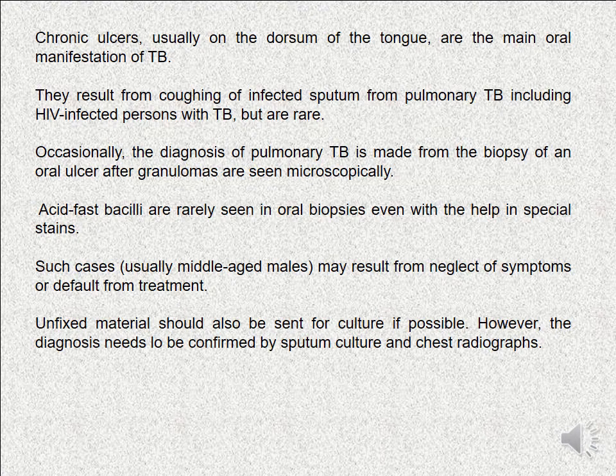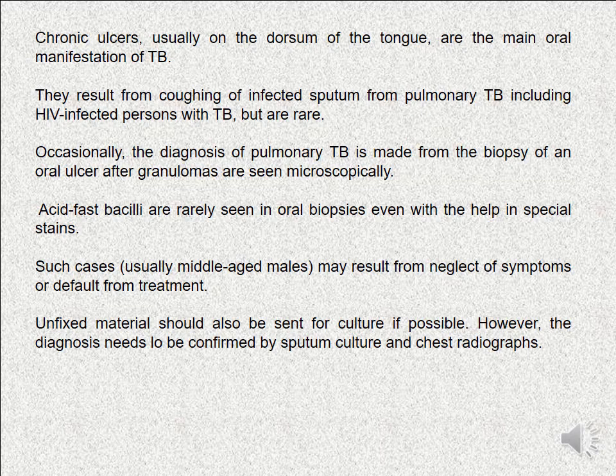Chronic ulcers, usually on the dorsum of the tongue, are the main oral manifestation of tuberculosis. They result from coughing of infected sputum from pulmonary tuberculosis, including in HIV-infected persons with tuberculosis, but are rare. Occasionally, the diagnosis of pulmonary tuberculosis is made from biopsy of an oral ulcer after granulomas are seen microscopically. Acid-fast bacilli are rarely seen in oral biopsies, even with the help of special stain.